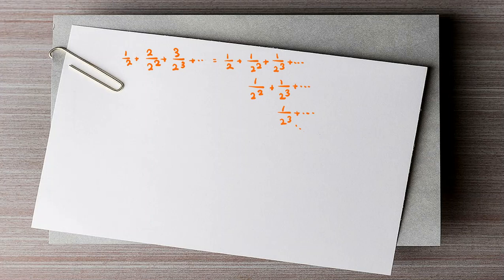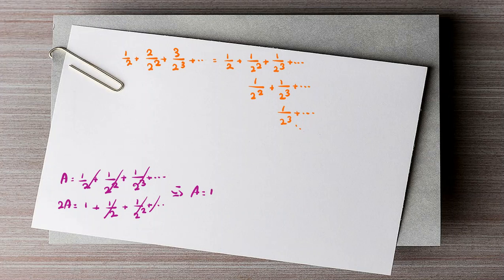Now in this step, consider, for example, a equal to 1 over 2 plus 1 over 2 squared plus 1 over 2 cubed, and so on. If we multiply a by 2, 2a equals 1 plus 1 over 2 plus 1 over 2 squared, and so on. If we subtract, 2a minus a is a, and all these terms cancel, so the first one is 1, because it is a.